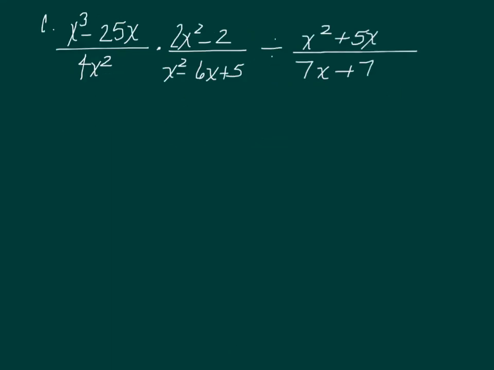Okay, this last example has multiplication and division, so we're going to do the same thing. For the division, we're going to do keep, change, flip, or multiply by the reciprocal. So I'm just going to keep this one like it is.